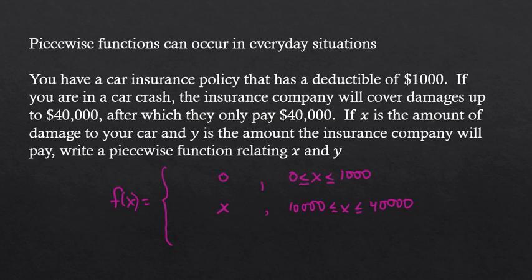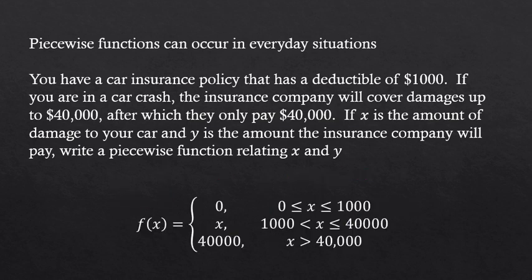Lastly, if you have damage to your car that is greater than $40,000, then the car insurance company is only going to pay out maximum $40,000. So for X greater than 40,000, f of X, the amount that gets paid out, is just $40,000.